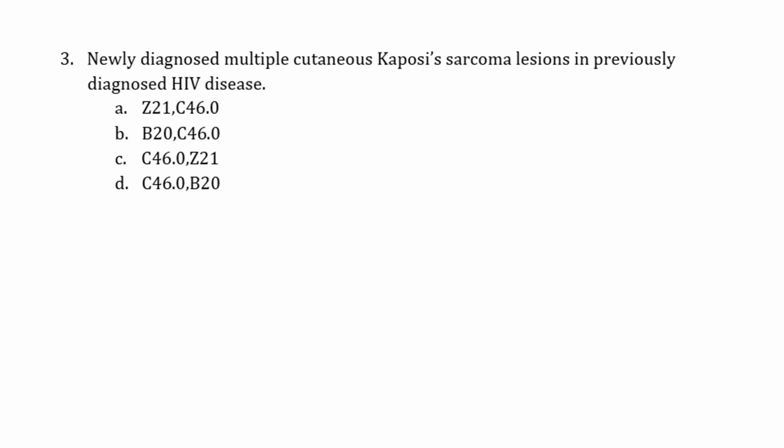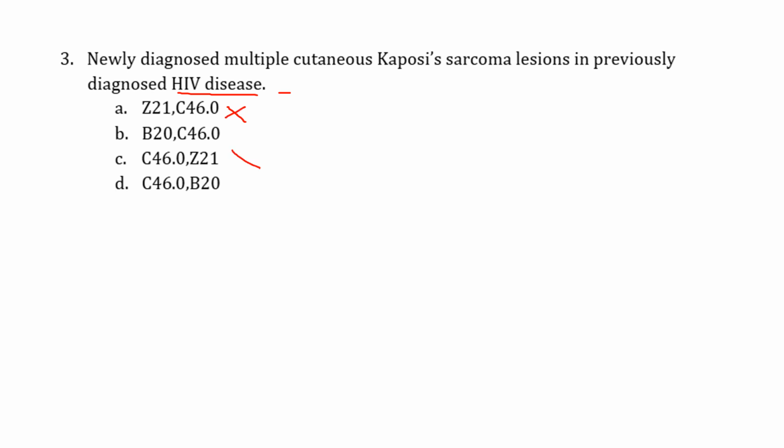Newly diagnosed multiple cutaneous Kaposi sarcoma lesions in previously diagnosed HIV disease. Let us eliminate the wrong options. In this case the option Z21 is wrong because he has HIV disease, that means he is already an AIDS patient, and in that case the asymptomatic code is not correct.